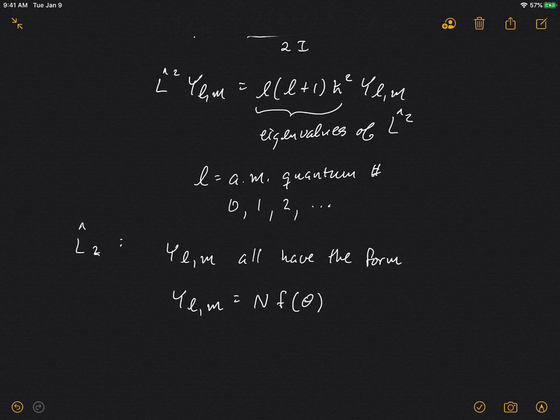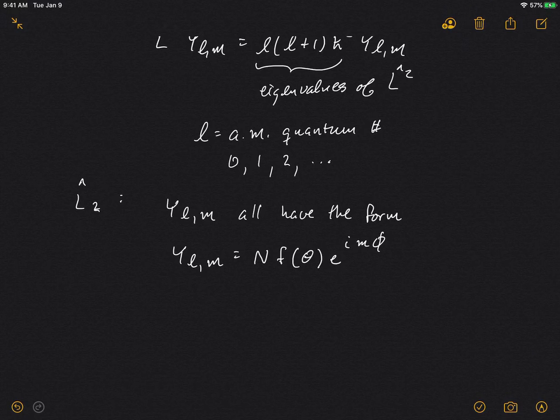And then you have some function of phi, which is simply e to the i m phi. So if m is 1, then it's e to the i phi. If m is 0, then it's e to the 0, which is 1. If m is minus 1, then it's e to the minus i phi. If m is 2, it's e to the 2i phi, and so on. So we have to properly instantiate for the given YLM that we're interested in. But this is a general expression which has many instances for different values of the L and M quantum numbers, where M is the magnetic quantum number.